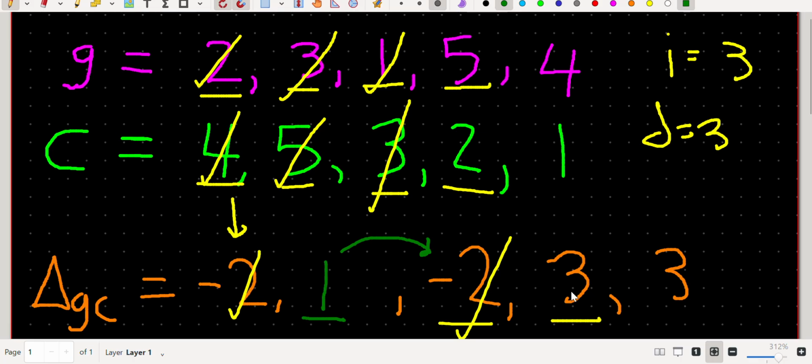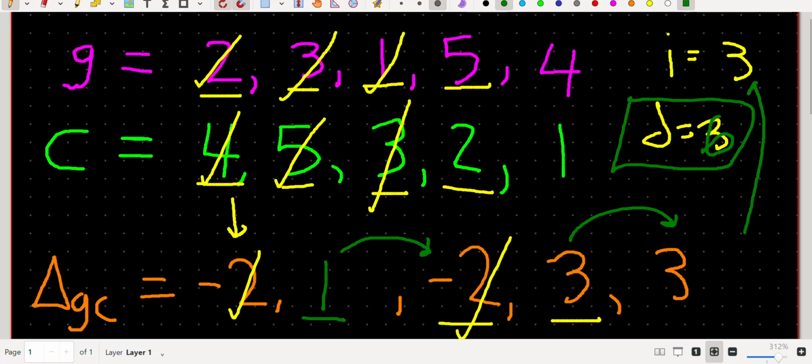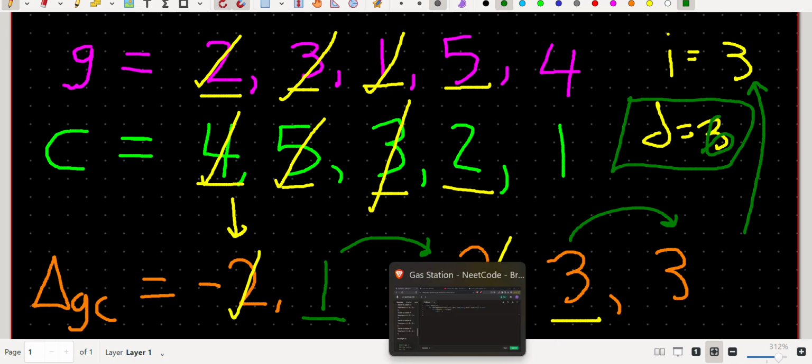So with that being said, let's move to the next index. Its difference is 3. So now we have 6 amount of gas, and this is going to be enough for us to complete a circle. In the meantime, we kept the starting index at position 3.